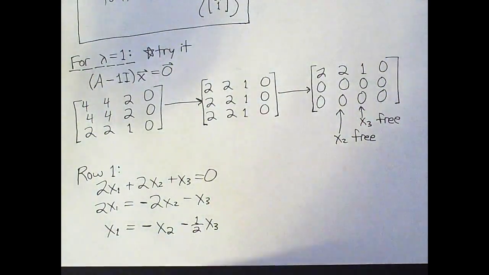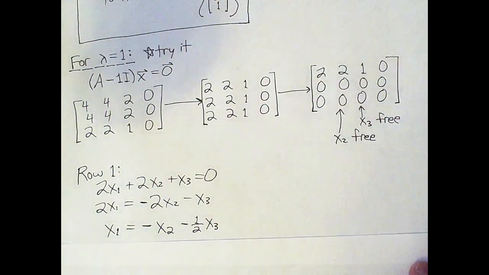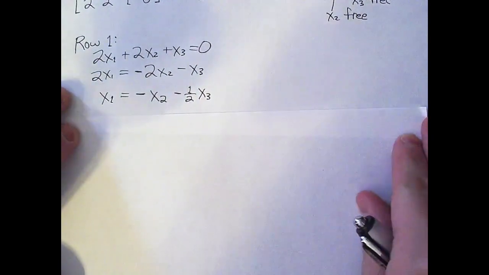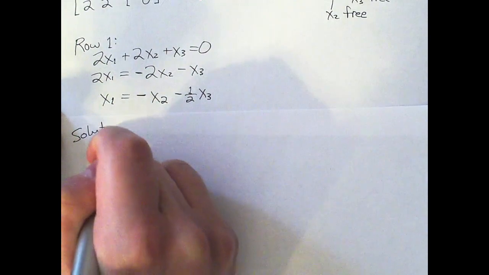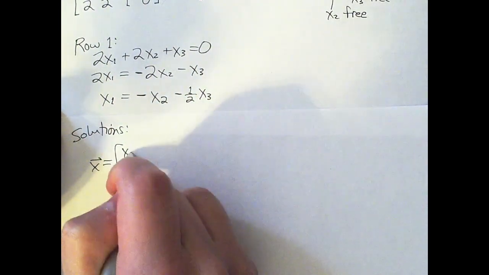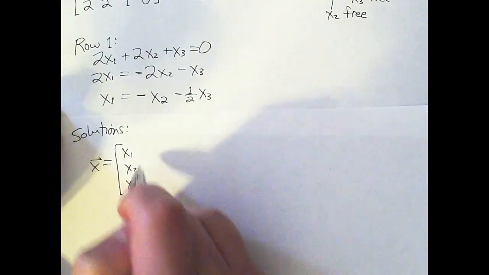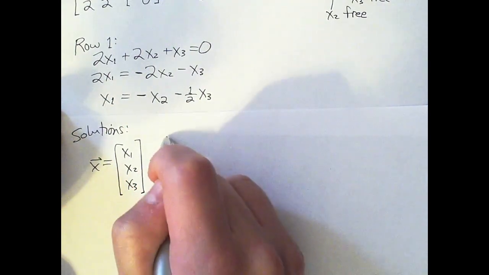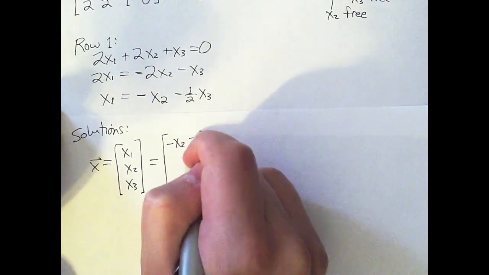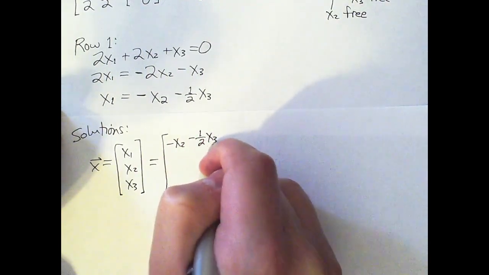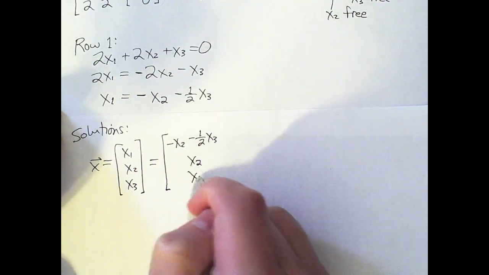So now let's try to write the solution set in parametric vector form. So solutions: the vector x, which is x1, x2, x3, we just found that it can be written as negative x2 minus 1/2 x3, and then x2 and x3 are just themselves.